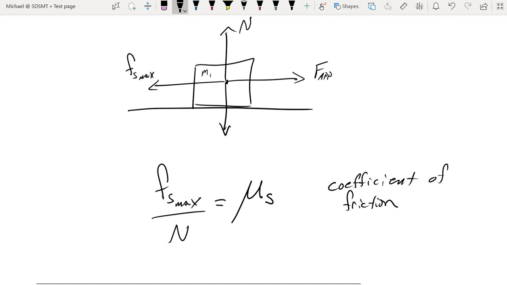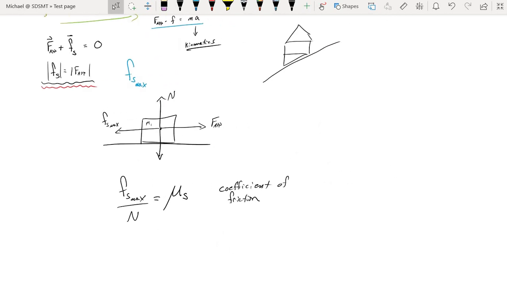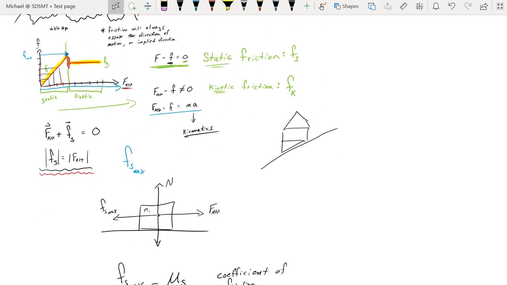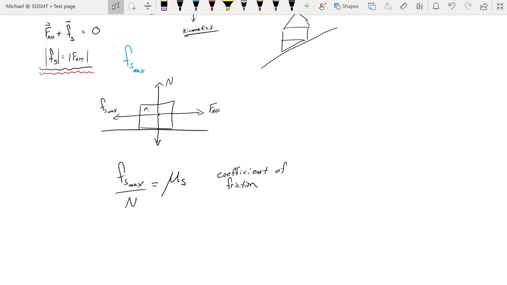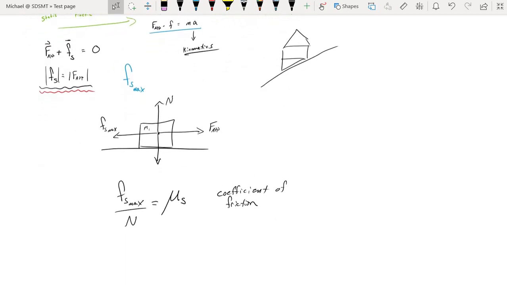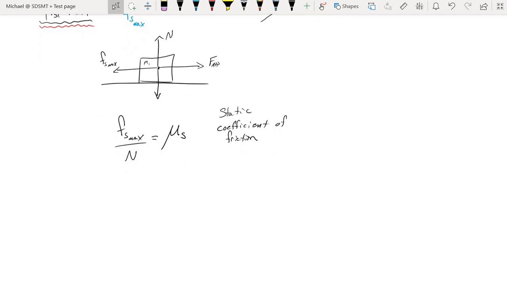And specifically, this is going to be the static coefficient, because remember, we have two different kinds of friction up here. We have static friction and we have kinetic friction. Well, so I guess that implies that there's a kinetic coefficient as well. This is our static coefficient of friction. We will also have a kinetic coefficient of friction.